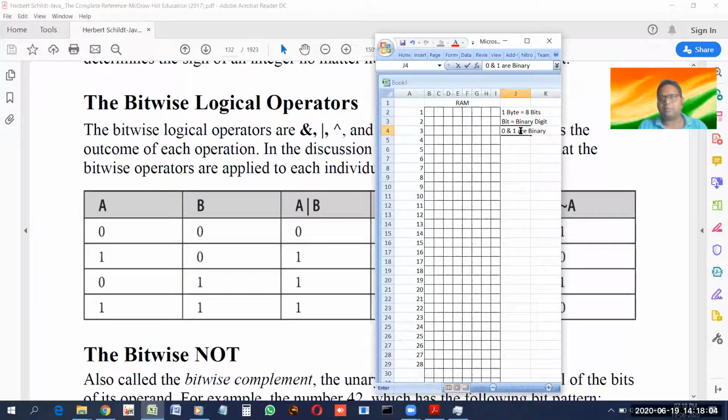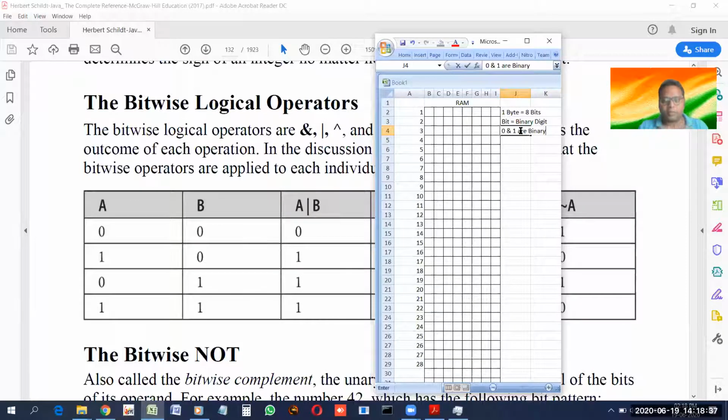Besides being a number system, binary is the language which a computer understands. Or in other words, binary is the only language which is understood by a computer. You all already know these things. In other words, everything that you see in a computer, everything that is stored in a computer, everything that happens in a computer, all happens in the form of 0 and 1, where 0 represents the presence of low voltage and 1 represents the presence of high voltage.